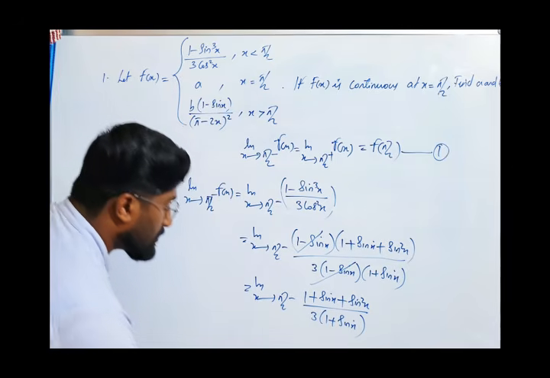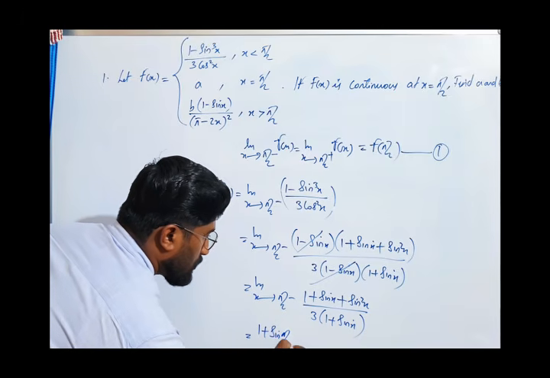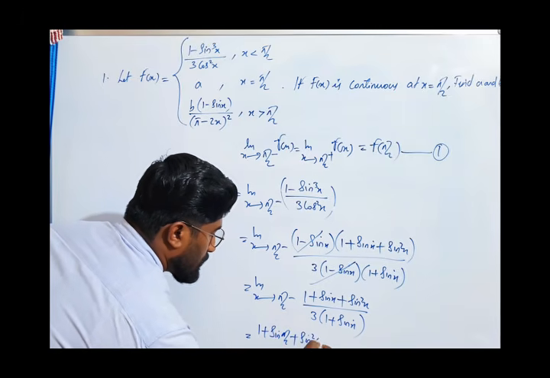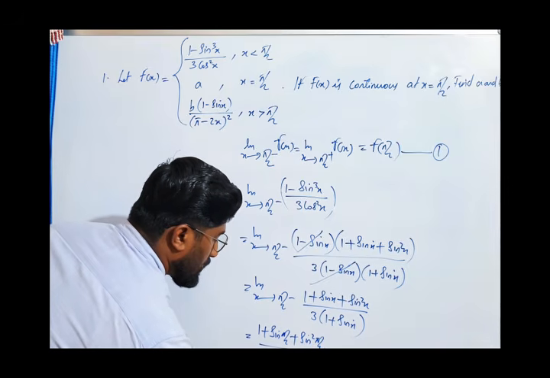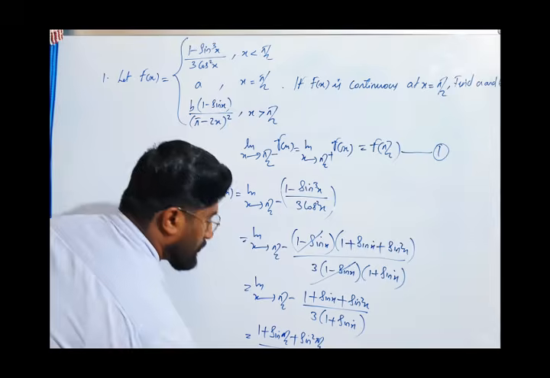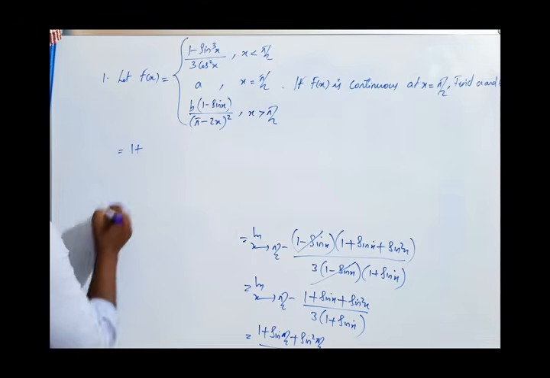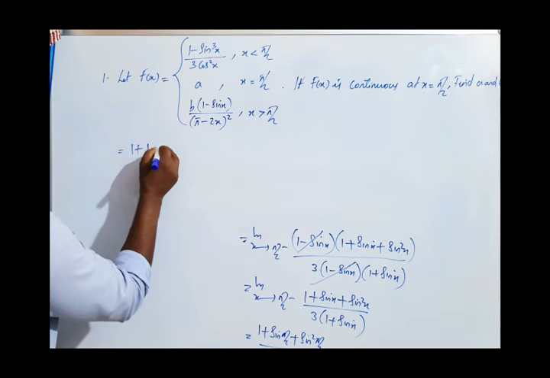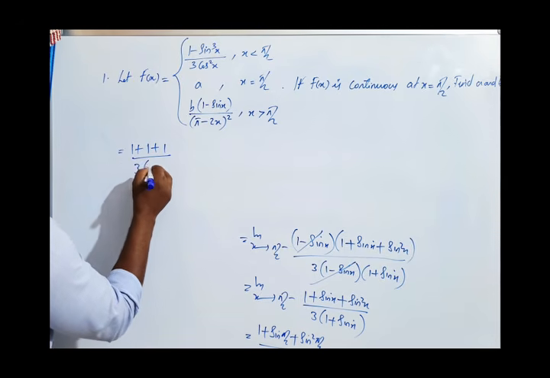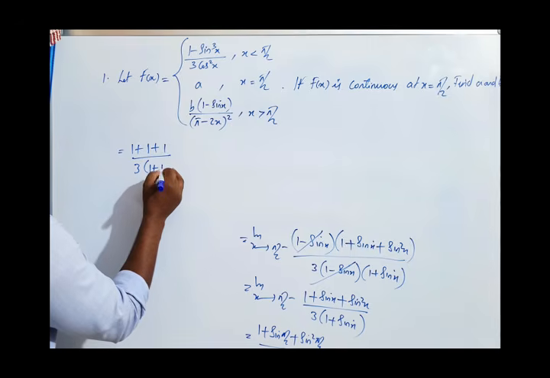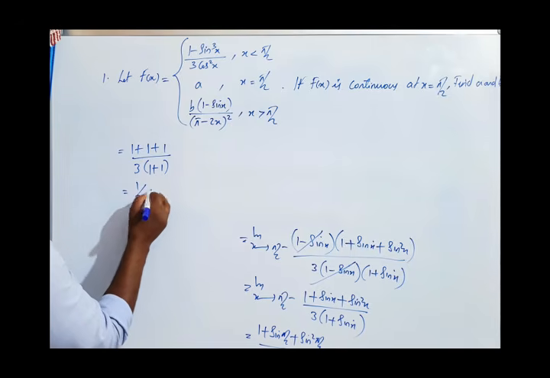When you apply the limit, you will have 1 plus sine pi by 2 plus sine square pi by 2 divided by 3 into (1 plus sine pi by 2), which is equal to 1 plus 1 plus 1 square divided by 3 into (1 plus 1), since sine 90 is 1. The 3 cancels, and the answer is 1 by 2.